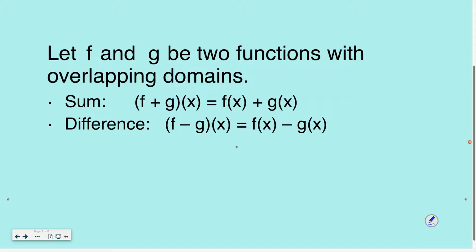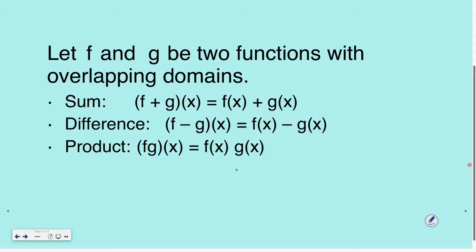We also have the product where we can multiply 2 of them together. So fg of x is how it looks.